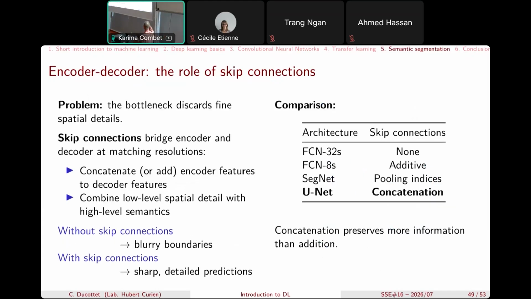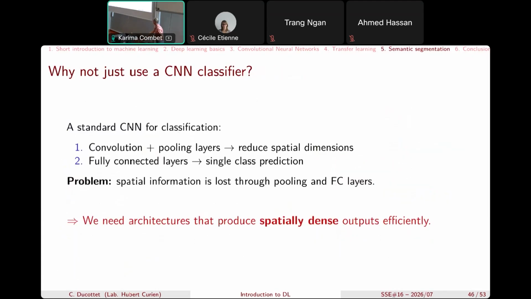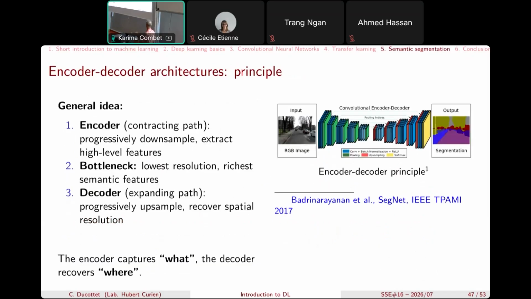So there is another trick that we have to do. It is what is called the problem of skip connections. If we do what I told you here, starting from very low resolution and making the resolution increase from here to here, we will face some problem.